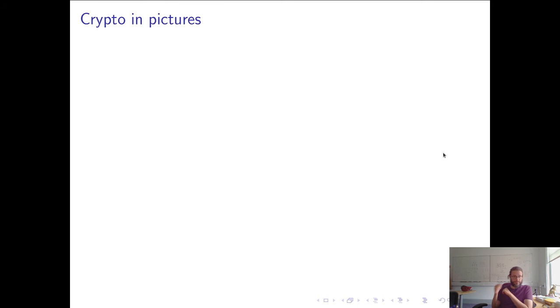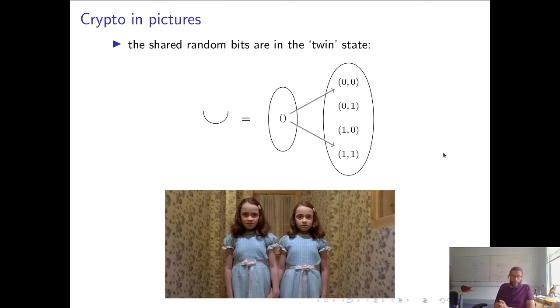Well, if you weren't, let's draw some pictures. First of all, let's talk about what these two shared random bits are in the two envelopes. Well, these things are exactly the twin state. These bits are sealed in an envelope. I don't know what they are, they're random. But what I do know is that they're the same. My bit in the envelope is the same as Bob's bit in the envelope.